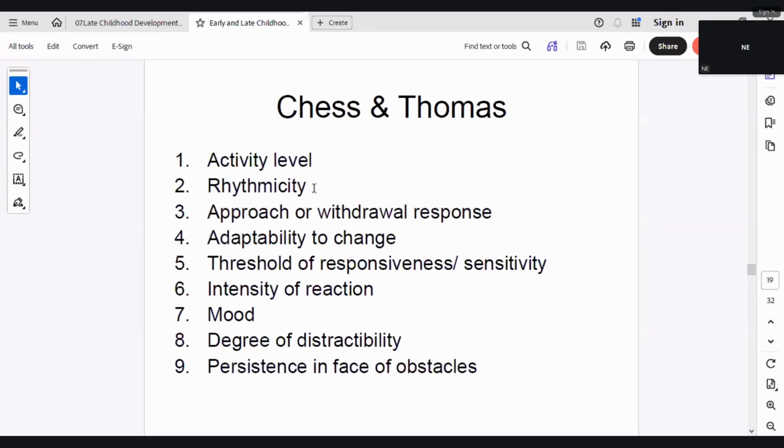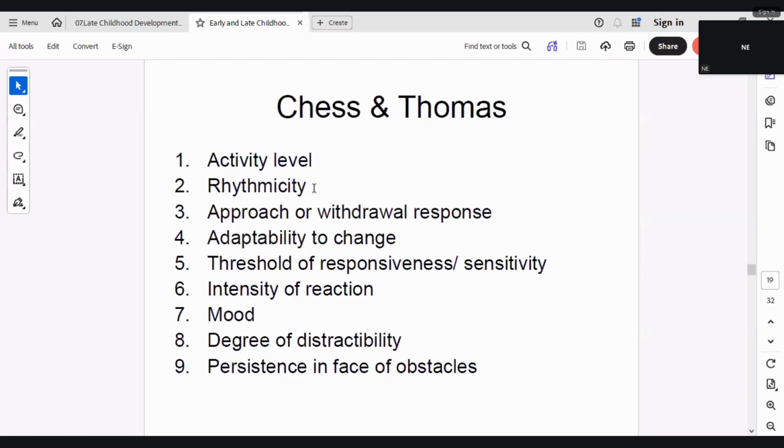The threshold of responsiveness or sensitivity is a reflection of how some children are extremely overreactive, with anger outbursts, tearful, crying, whereas some kids have a much higher threshold to, for example, change.